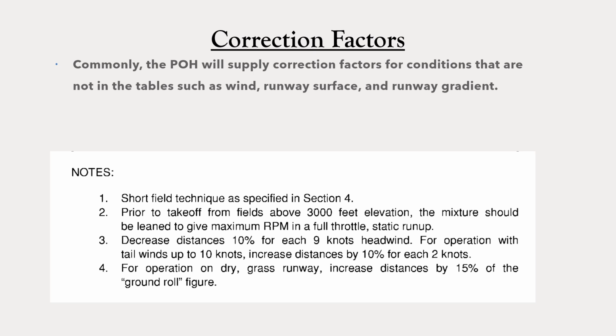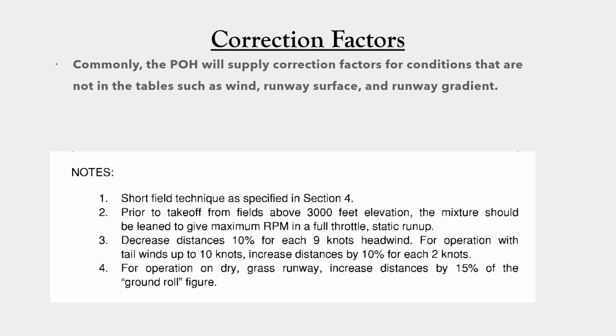These notes appear somewhere near the tables, and they give us things like: for 9 knots of headwind, we decrease the takeoff distance by 10%, but we increase the takeoff distance for every 2 knots of tailwind.